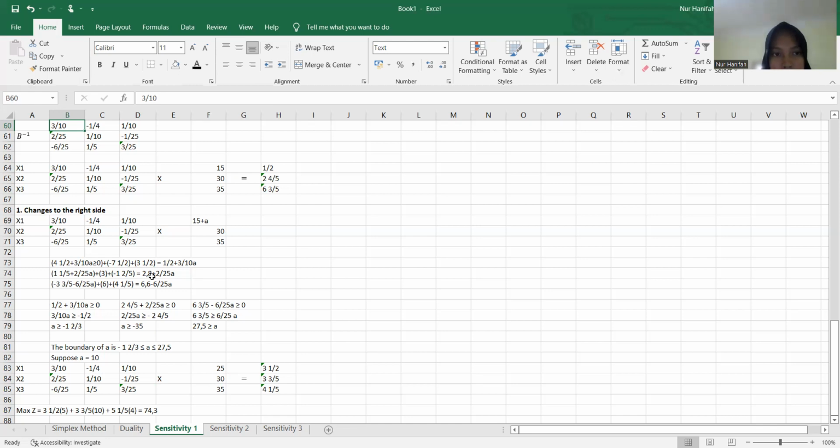In the second row, we get 2.8 plus 2/25a, and in the third row, we get 6.6 minus 6/25a.